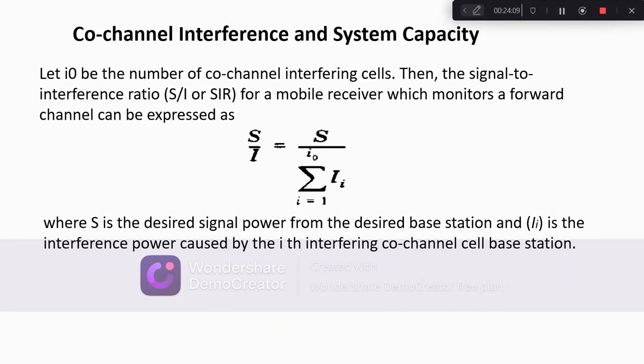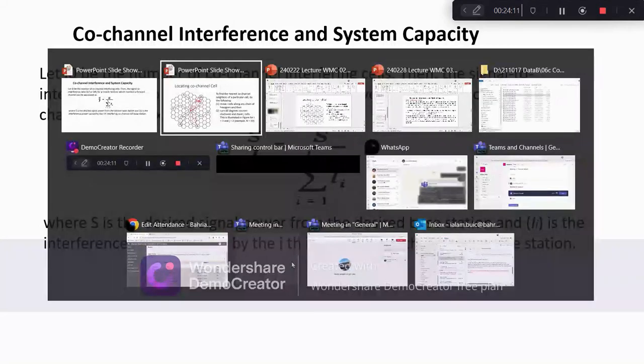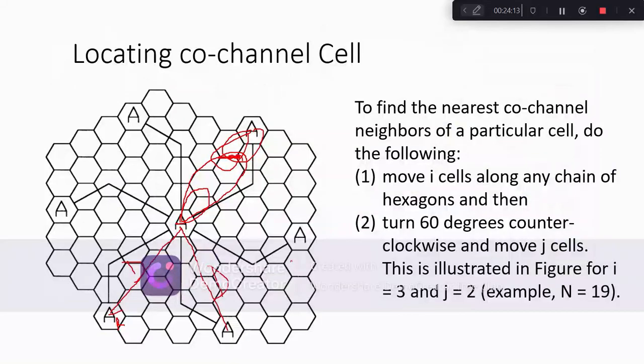So which of the two powers are interfering with each other, that's what is very important. Here is the channel power of this cell, and the channel power of this cell, for each cell, but we are not counting that.